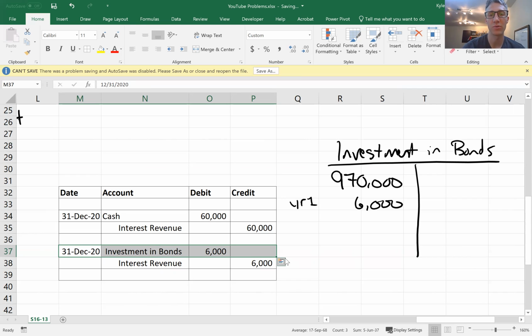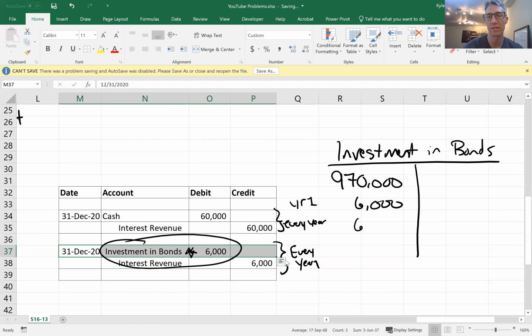In fact, we're going to do this journal entry every year. Actually, we're going to do both of these every year. But only the second one is going to increase the carrying value of the bond. Right? We're debiting this investment in bonds account. So we're going to debit this every year. So this was year one, year two, year three, year four, year five.